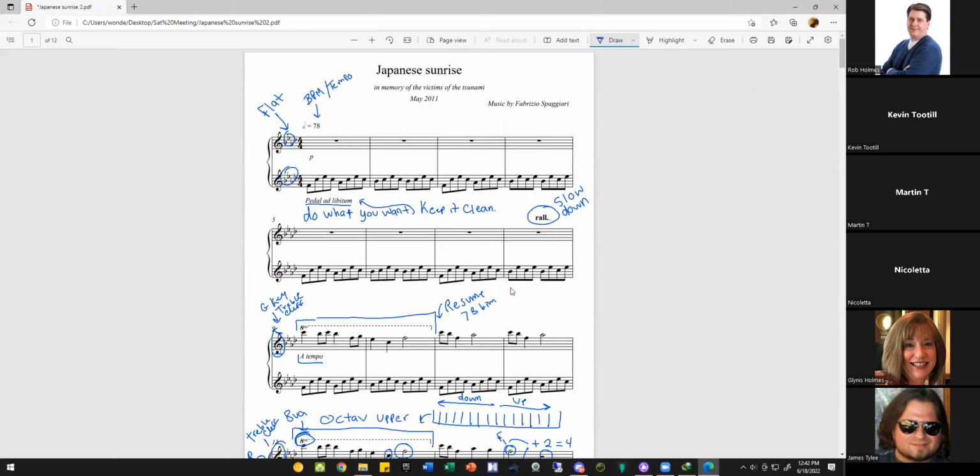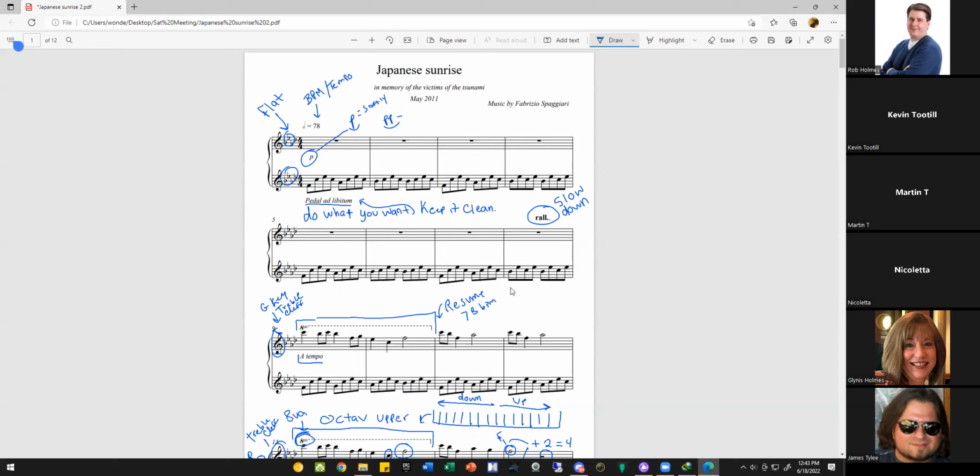Okay. So we have two things. One is a P, and the other one is a PP. PP means pianissimo. Rob speaks Italian, he knows what I'm talking about. If you add issimo to an Italian word, you are increasing the value of that word. So piano means soft, but pianissimo means very, very soft.